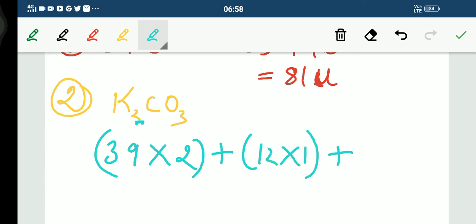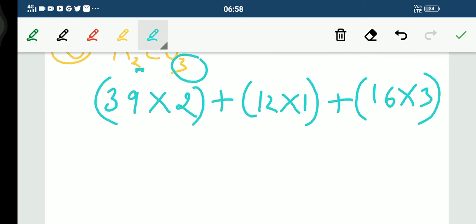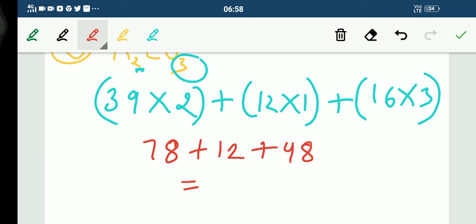Plus, what about oxygen? You can see 3 atoms are there, right, students? So 16 multiplied by 3. Simply solve these now. Multiply them together. We get 78 plus 12 plus 48. And the answer is 138 u. Fine. I hope this is clear.